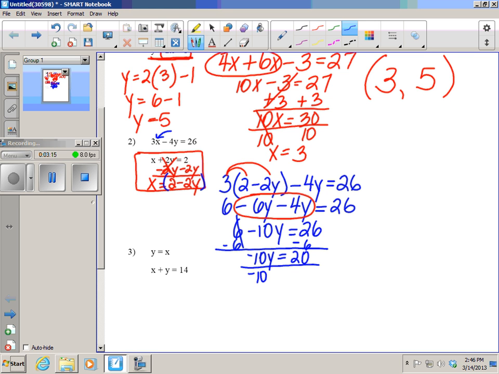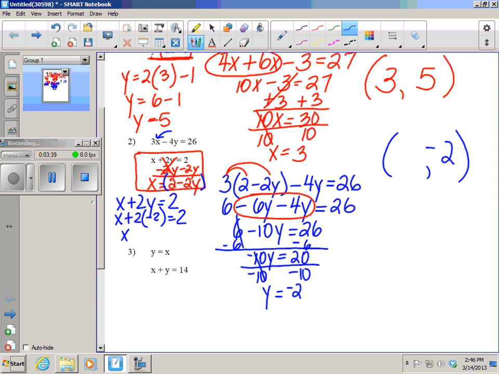Divide both sides by negative 10, and I get y equals negative 2. So my ordered pair is going to be (something, negative 2). And so I have x plus 2y equals 2. I have the value now, negative 2, for y.